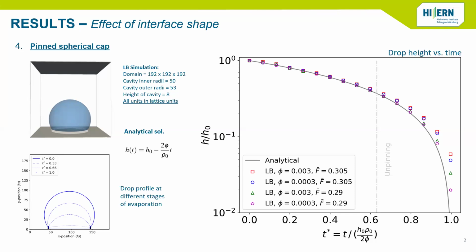Therefore, the height should be linear. Think about a sphere, for example: the mass loss rate is proportional to r squared, so the radius should be linear. This is a well-known result. You understand what I mean?